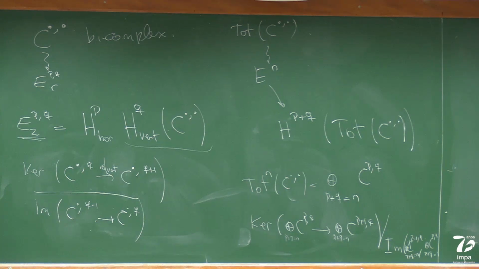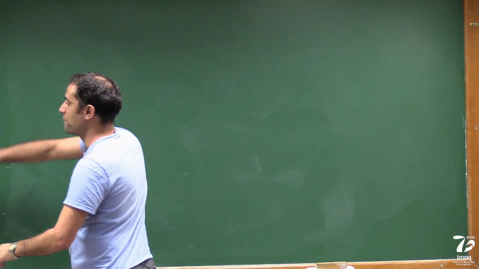It's already 3. Okay, so I'll finish writing the differential of that E2 in the next class. But the differential of E2 comes from this identification.